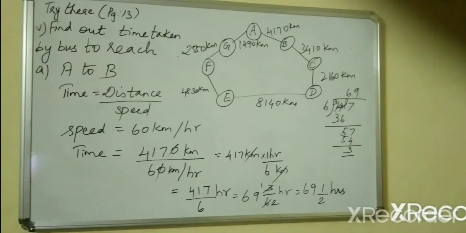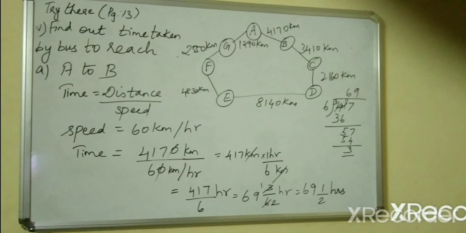Okay, next one. Find out time taken by bus to reach A to B. Here in fifth subdivision there are A, B, C and D. We have to find the time taken from A to B. So we know the formula for finding time is equal to distance by speed.